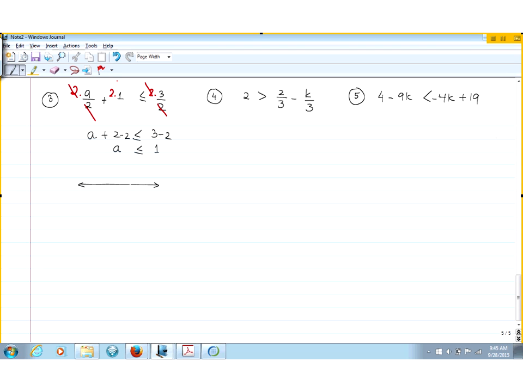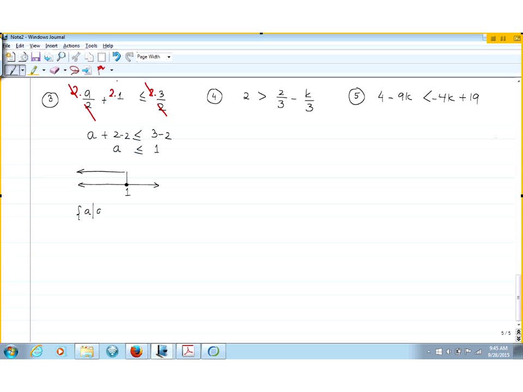1, open or closed? Closed. And the arrow points to the left. Yes. All right. So the arrow points to the left. Good.